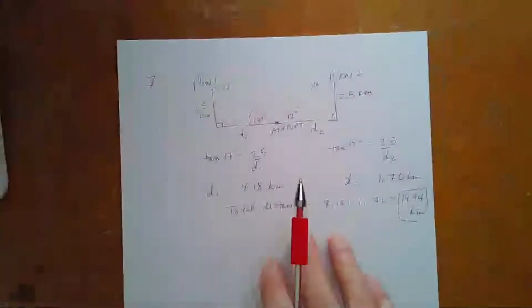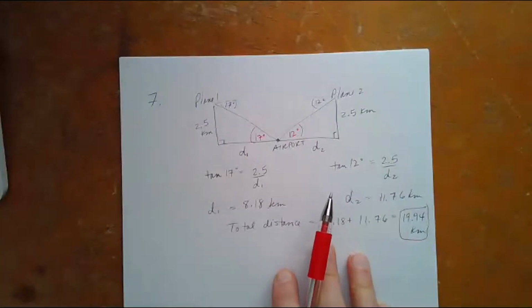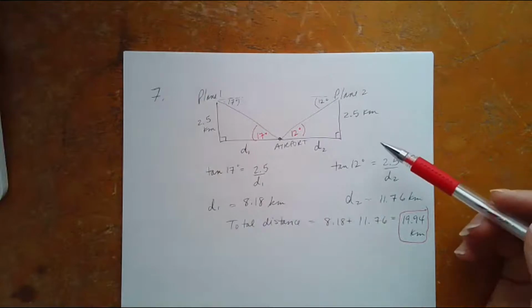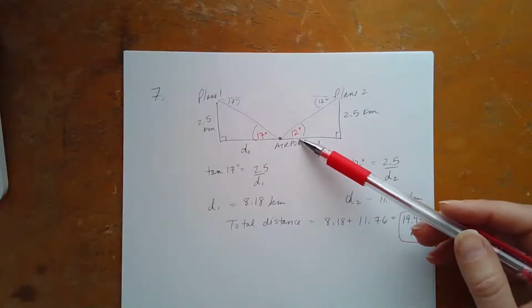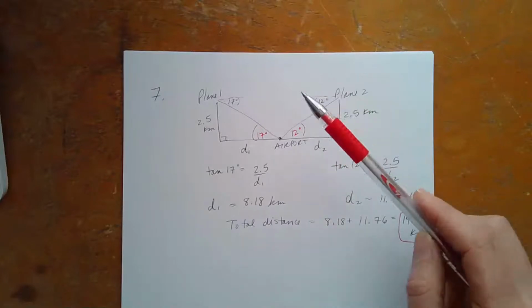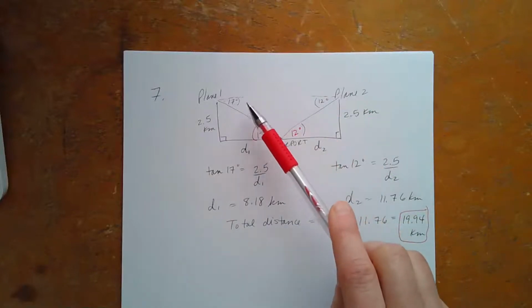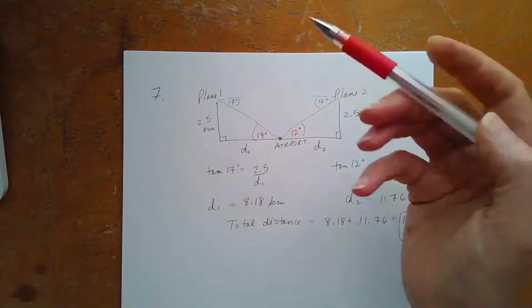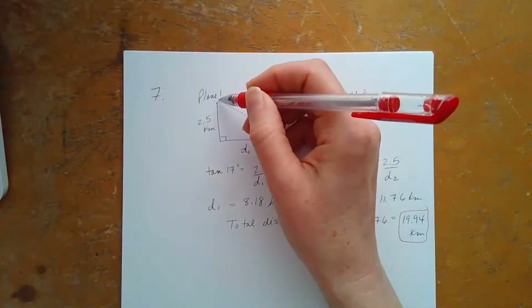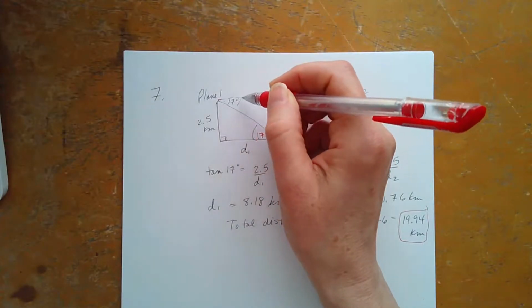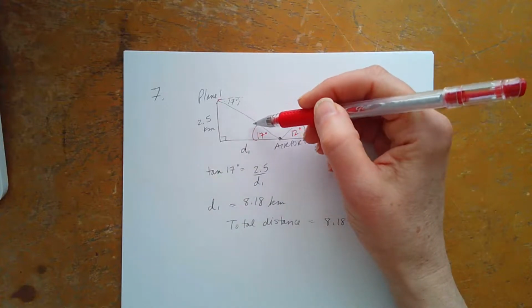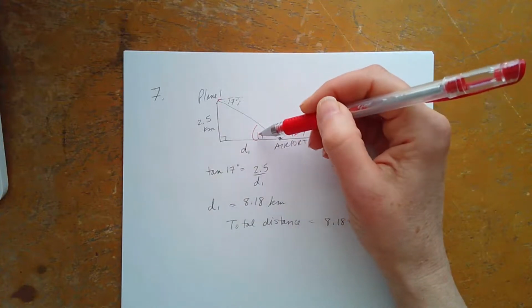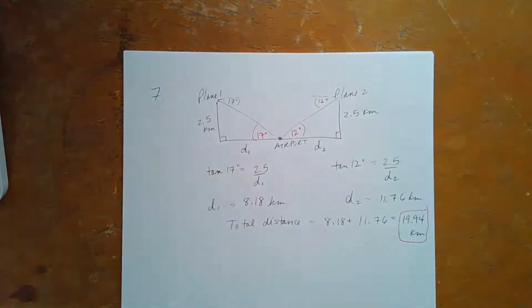The last one, number 7, was also a right angle trig question, so we ended off this unit with right angle trig. I've got 2 planes. Remember that the angles of depression are outside the triangle usually, but we know that the angle of depression is congruent to the angle of elevation.